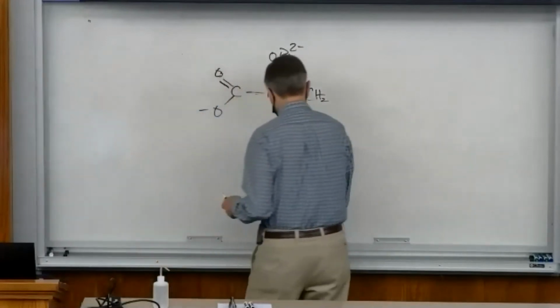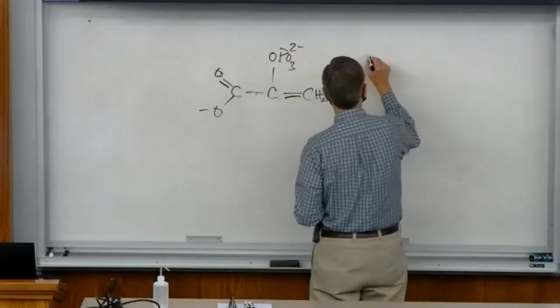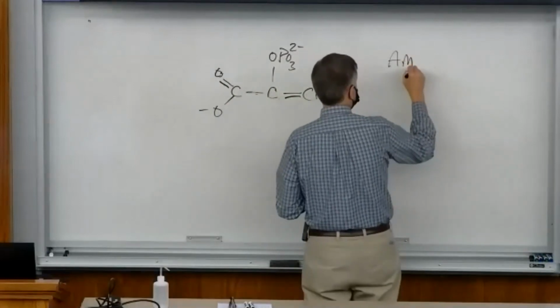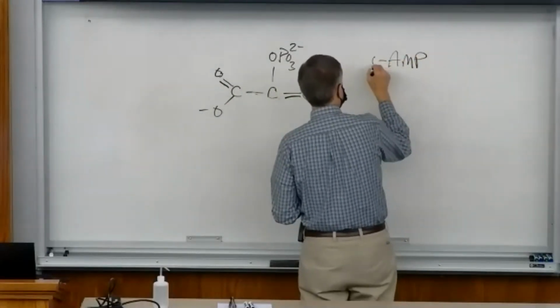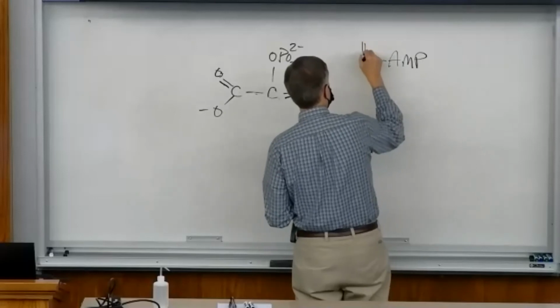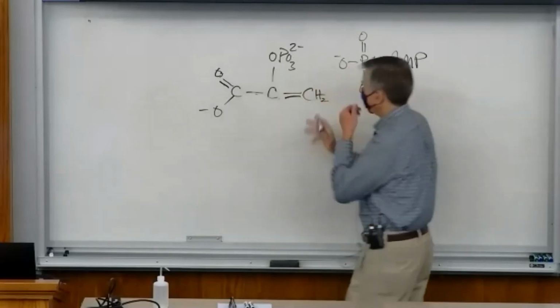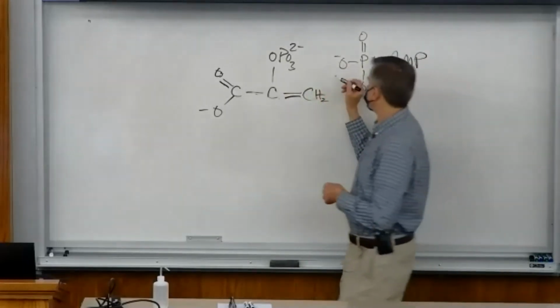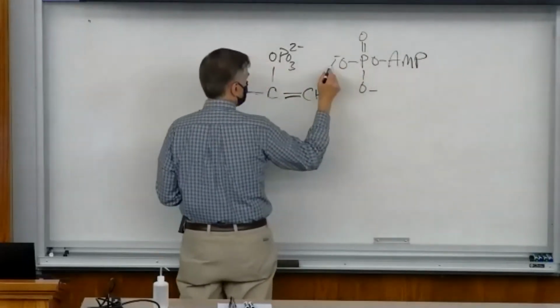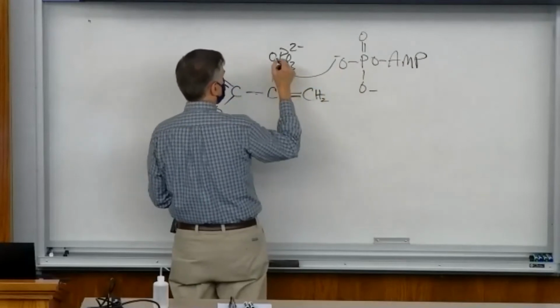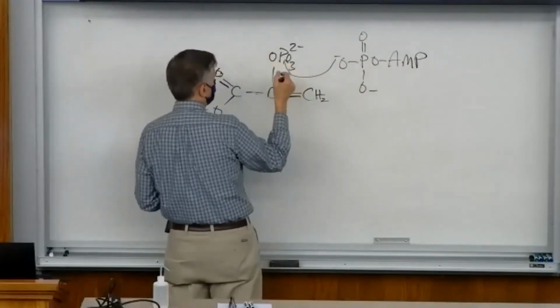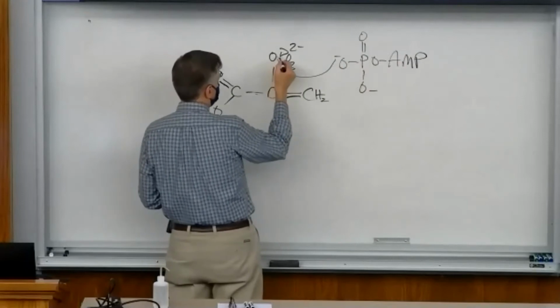We're going to bring in ADP. We show it as follows. We're going to bring this in. We're going to move this here. And we are going to break this bond.